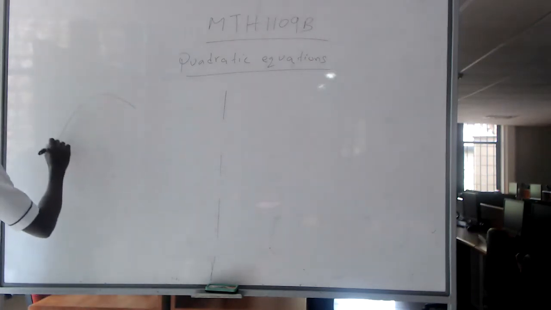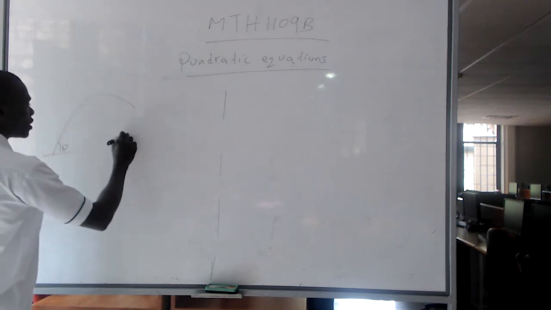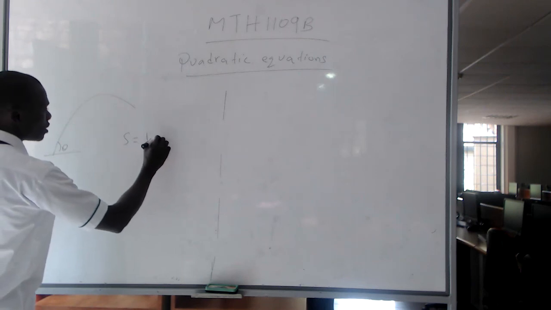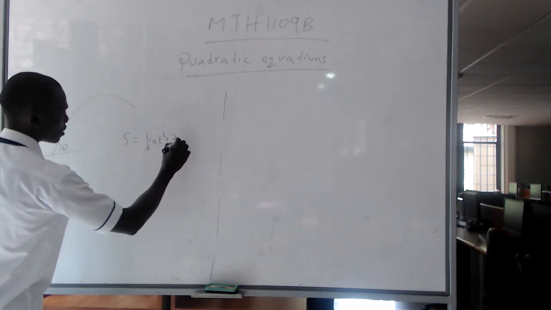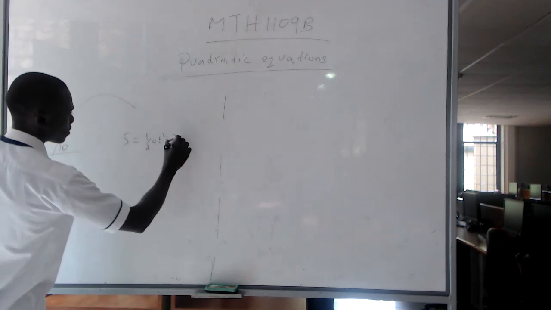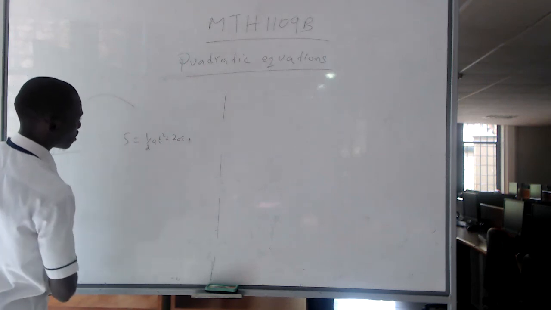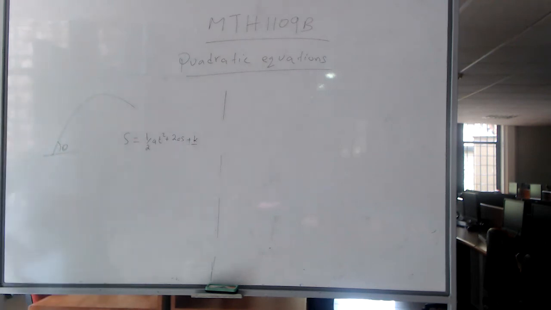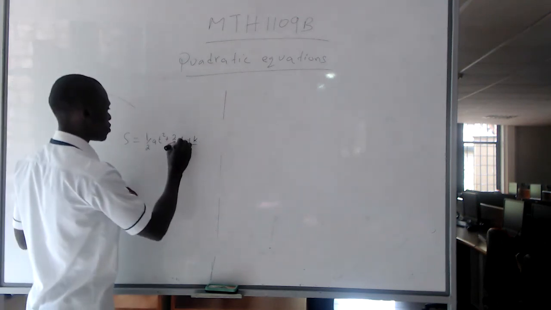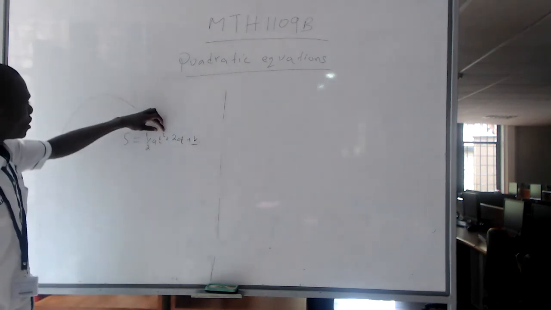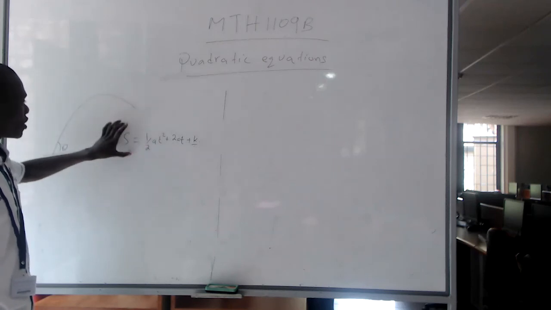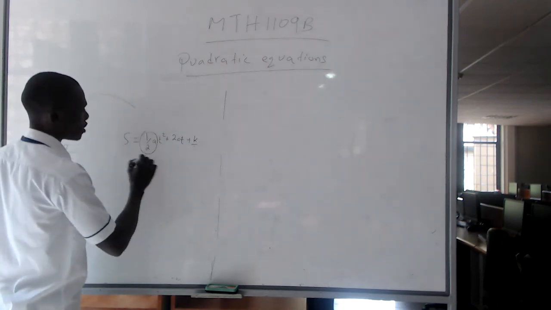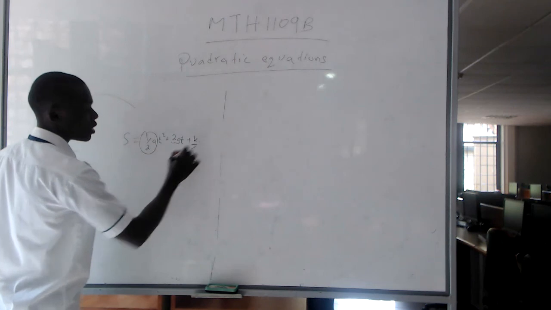When you launch a projectile at some angle, those who did physics are familiar with s equals half a t squared plus 2at, plus maybe a constant. This is degree 2 in t. So to solve this, I will need to know how to solve a quadratic equation, treating the coefficients as the high degree term, the linear term, and the constant term.